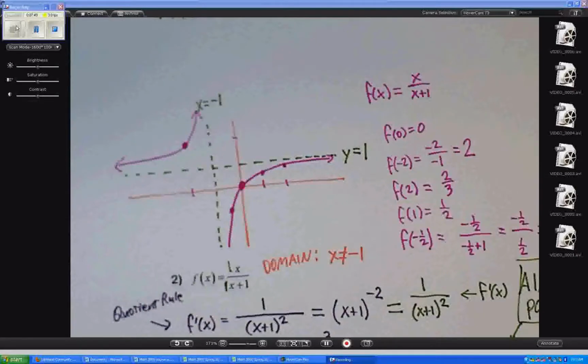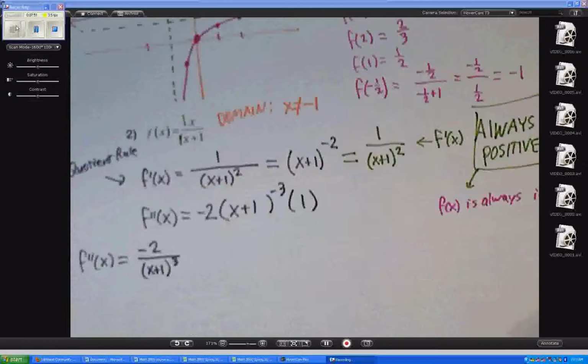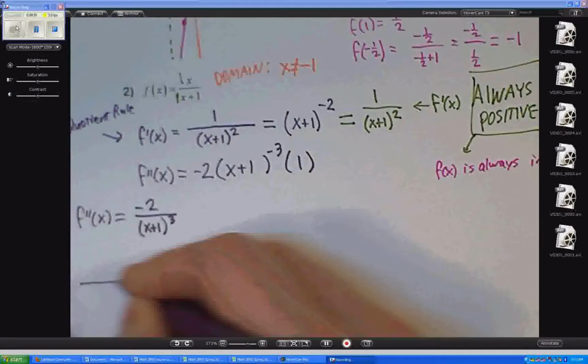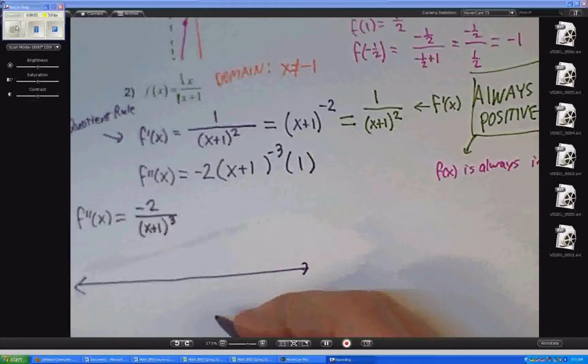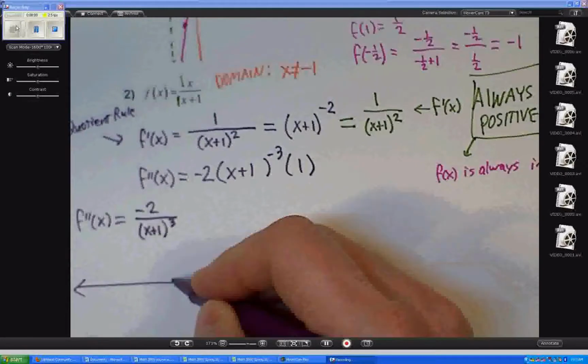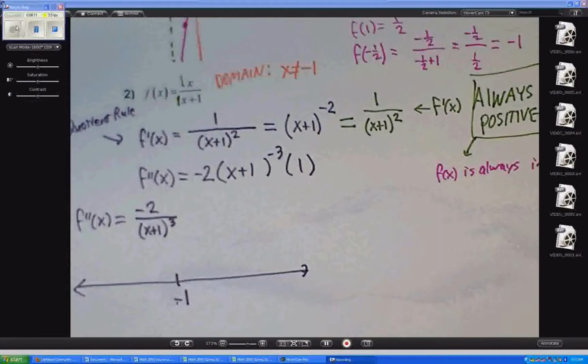What about the second derivative test? Well, now it's not quite so clean cut. Right? I mean, I'll have to draw a number line. What's the important point to put on the number line? Yeah, because at -1 we know that the second derivative is undefined. So let me try something like f double prime of 0.